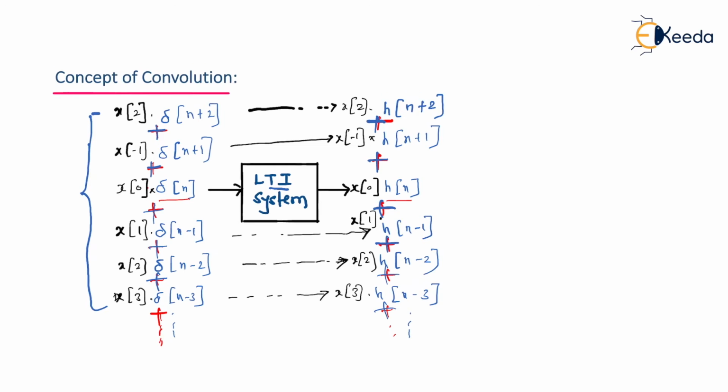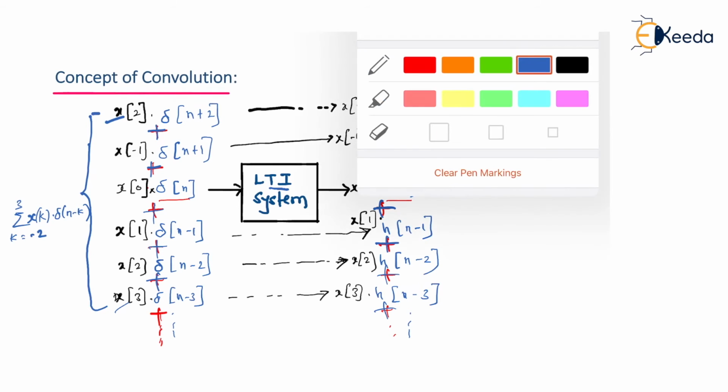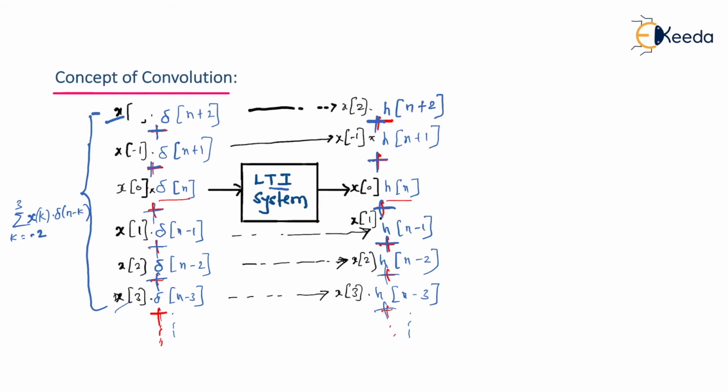So now I can express my inputs as x of k times del of n minus k, where k is varied here from, let's say, minus 2 to plus 3. So what we have here is not x of 2 but x of minus 2, so of course this has to be replaced with x of minus 2 here, right?